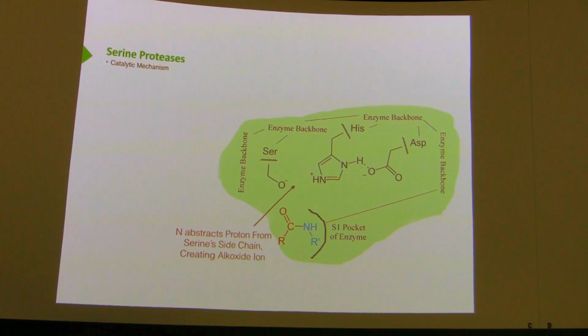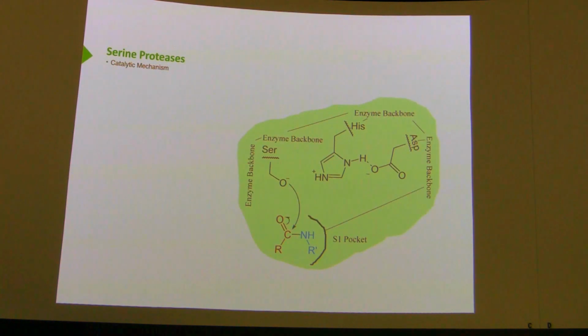All right. Now, in the next step, we can see the proton has been taken away. We're left behind with the alkoxide ion, which is the oxygen without the proton. The alkoxide ion is very reactive, and so the alkoxide ion we see plays an essential role in this catalytic process. An essential role. There's our substrate sitting there waiting for the alkoxide ion to do its thing.